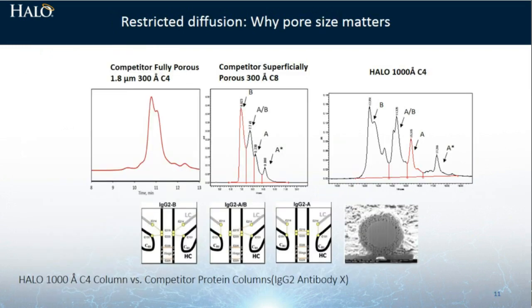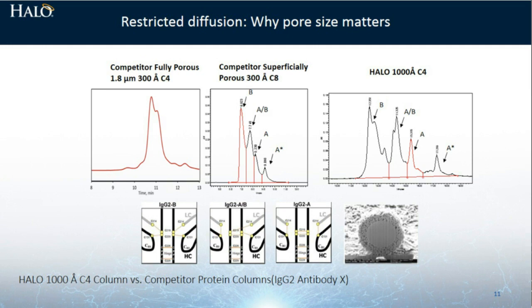So restricted diffusion, in other words, the requirement for larger pores, doesn't matter. And probably the clearest example of this is when you take a look at IgG2s. This is data that came from a biopharmaceutical house that we were doing some collaborative work with, where they had used the method that was in the literature for looking at IgG2 thiol variants.